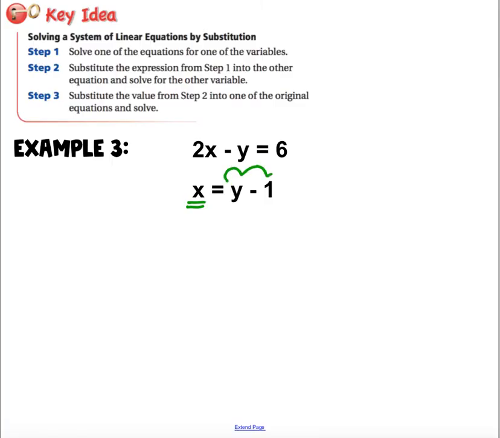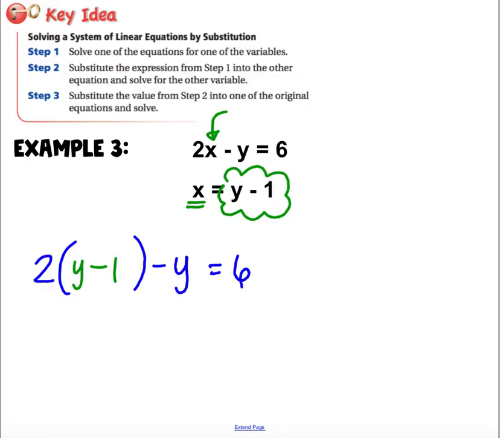But this is what x equals, y minus 1. So I'm going to substitute that in wherever I see an x into the other equation. So I've created now 2 times what was x? Y minus 1. Finish the equation. Minus y equals 6.